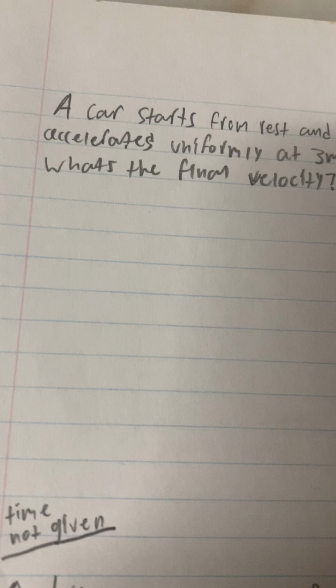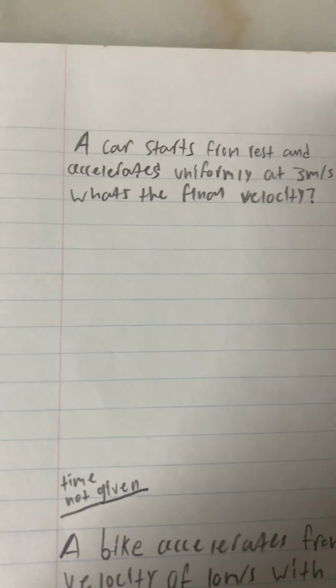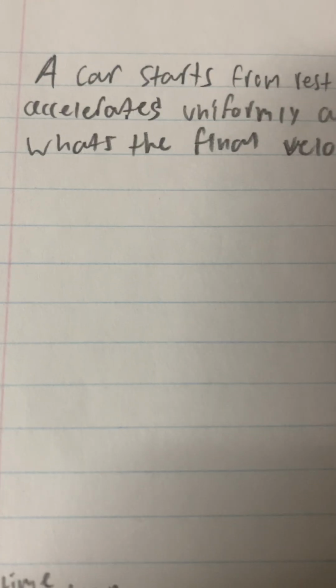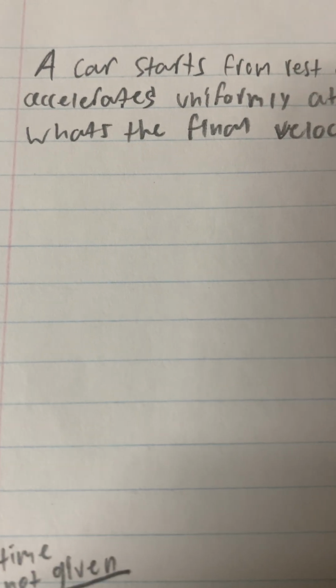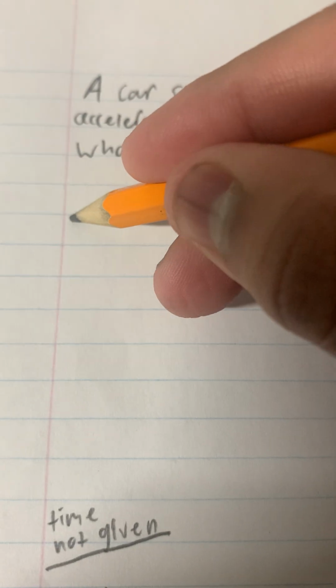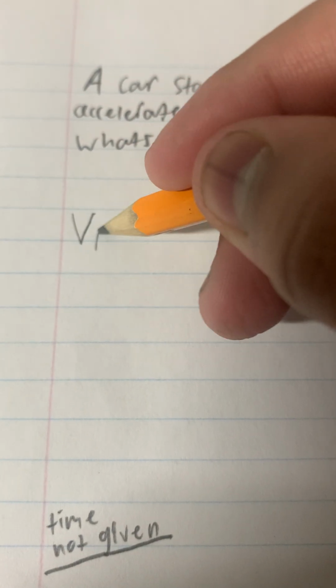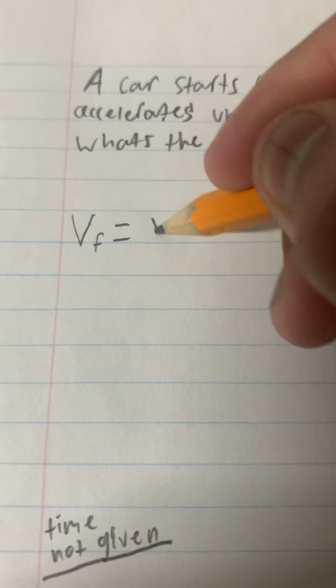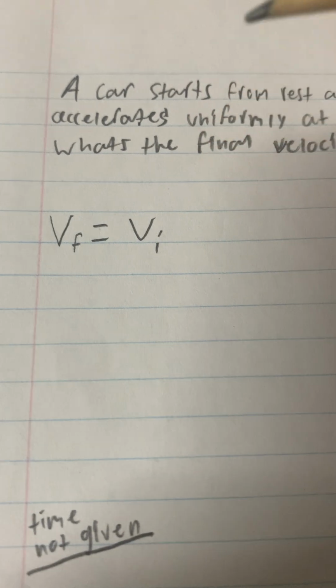So first of all, I'm going to start by writing the formula for final velocity. Then we'll plug in these values and solve it. So I'm going to teach you the formula for final velocity. Final velocity equals initial velocity.